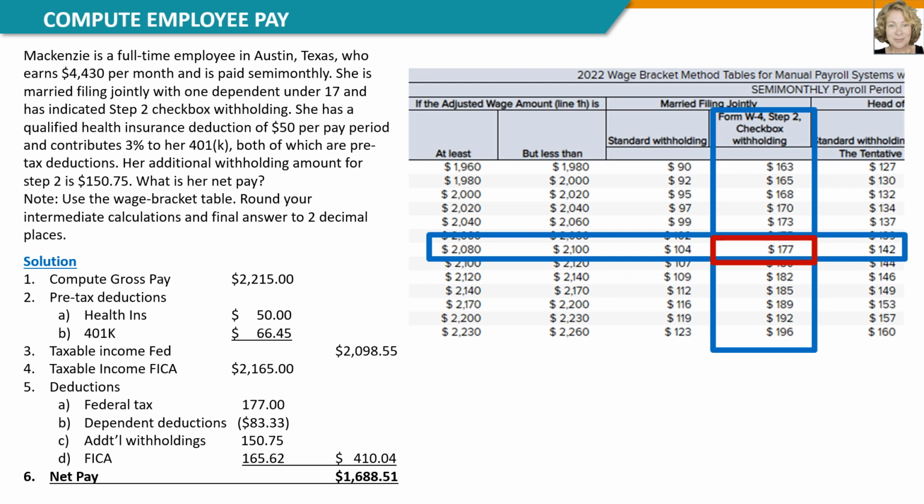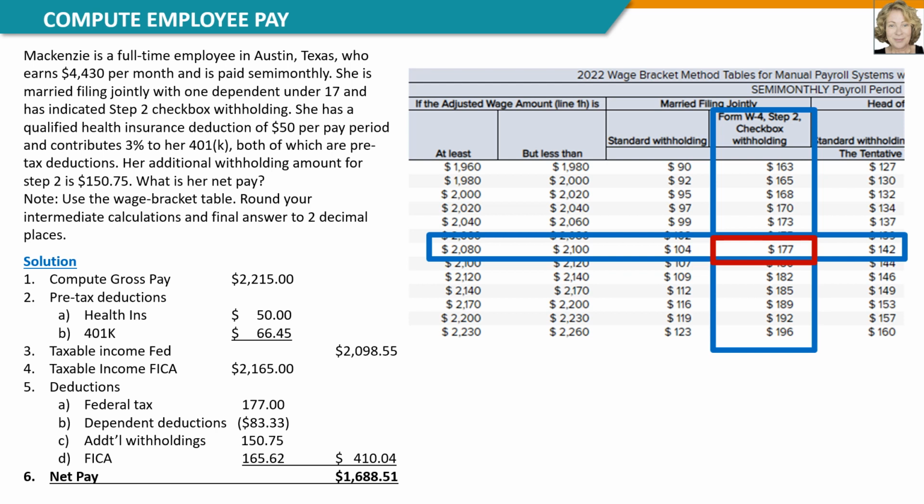We deduct the pre-tax deductions, which we're told is medical insurance for $50 and 3% for the 401k, which is $66.45. So once we deduct the pre-tax deductions from the gross pay, the result is taxable earnings of $2,098.55 for federal taxes and $2,165 for purposes of calculating FICA.